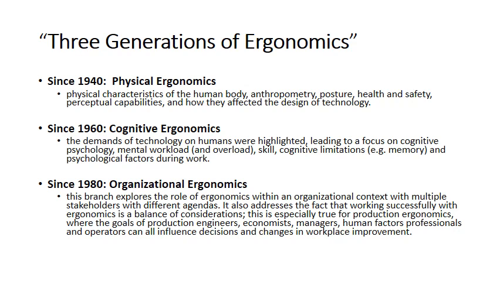So another area of ergonomics came into consideration, which we call cognitive ergonomics. In this field, the demand of technology on humans was highlighted, and the focus of cognitive ergonomics is cognitive psychology, mental workloads, skills, cognitive limitations, and other psychological aspects of the human and their effects on work.